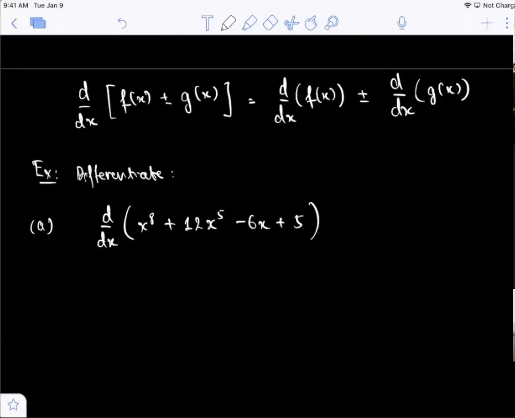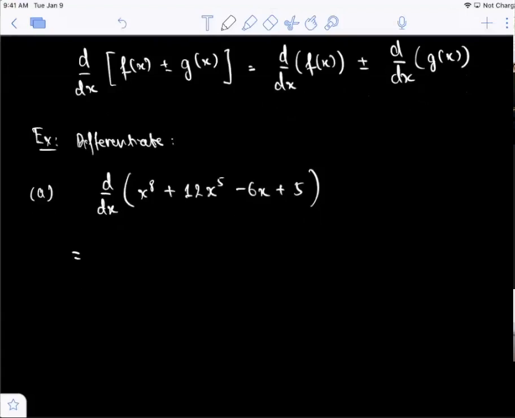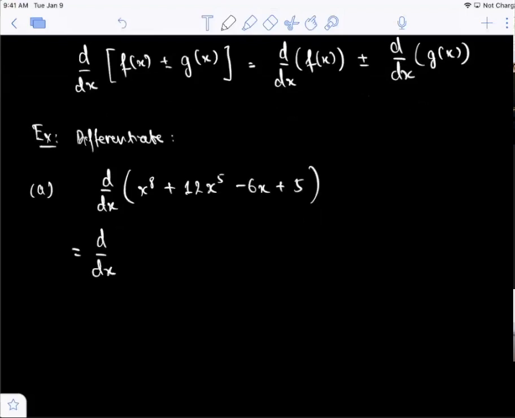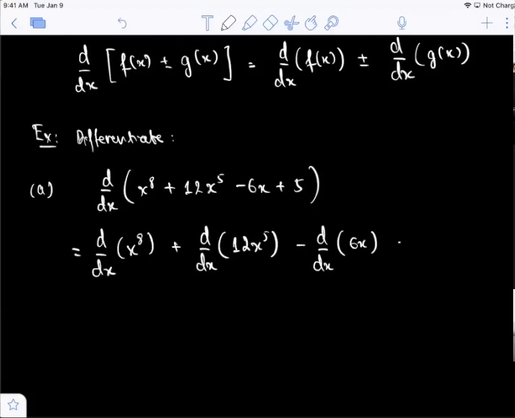So once again, the derivative of the sum is the sum of the derivatives, and the derivative of the difference is the difference of the derivatives. So you can write this as d dx of x to the 8 plus d dx of 12 times x to the 5th power minus d dx of 6x plus d dx of 5.